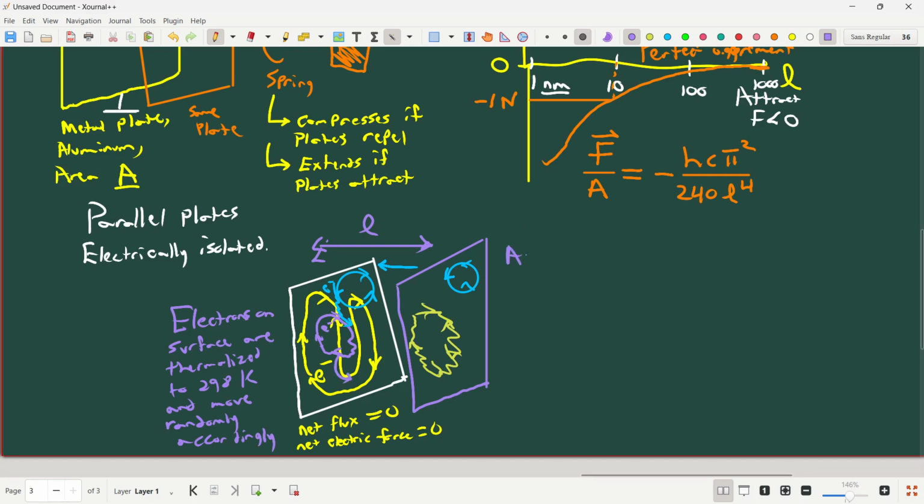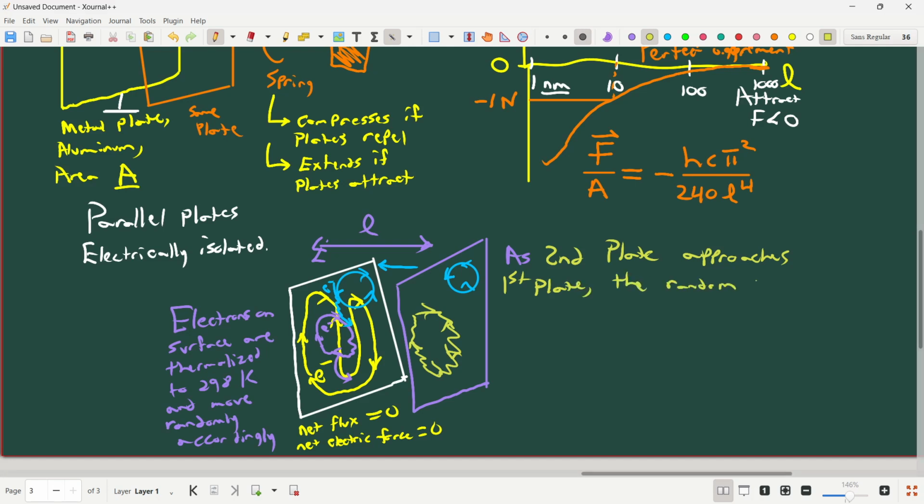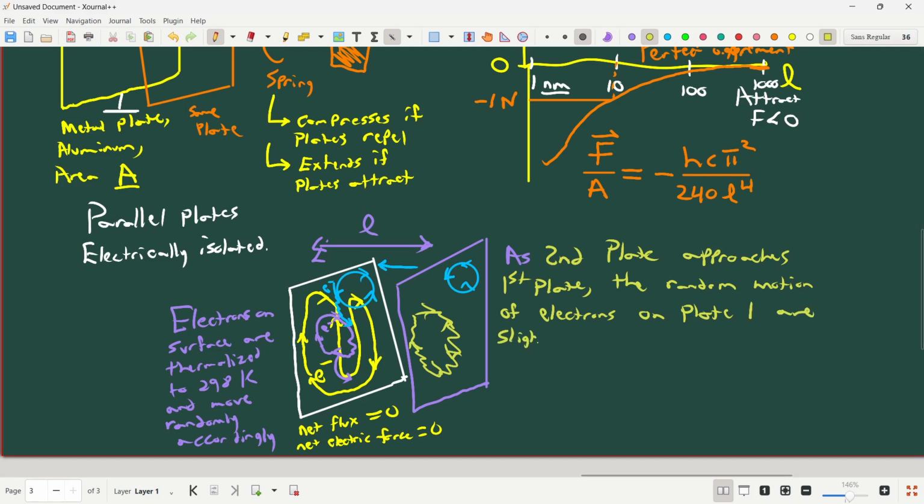So as the second plate approaches the first plate, the random motion of electrons on plate 1 are slightly influenced by the motion of the electrons on plate 2.